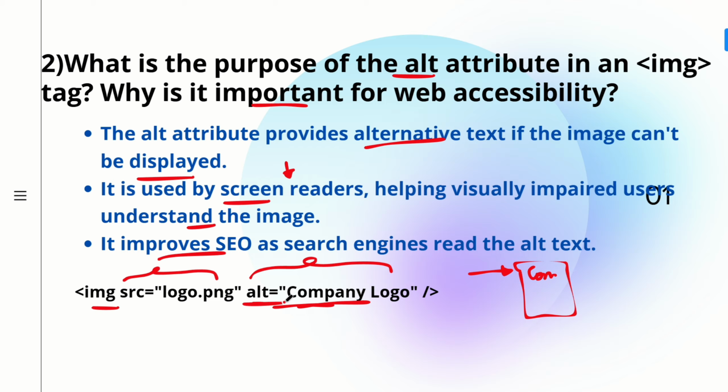If you have alternate text, even if the image did not load, web crawlers are going to read from your code itself that this website has content related to whatever the user is searching. So for that reason, alt attributes are important for search engine optimization, and search engines read the alt text. This is how you can answer this question: what is the purpose of the alt attribute in the image tag and why it is important for web accessibility.